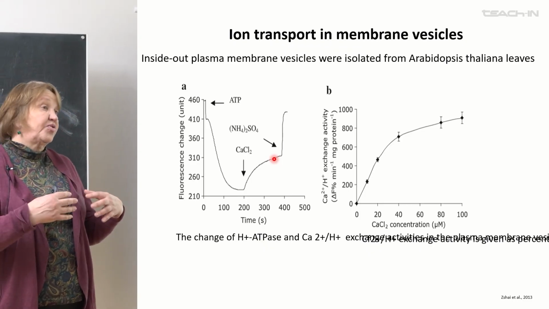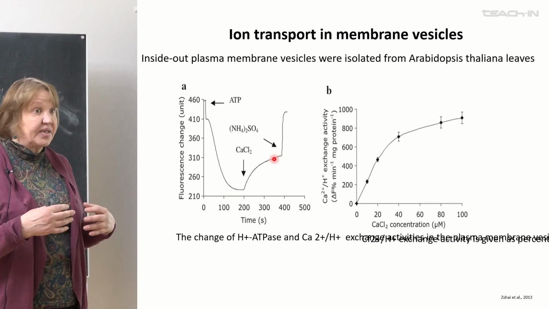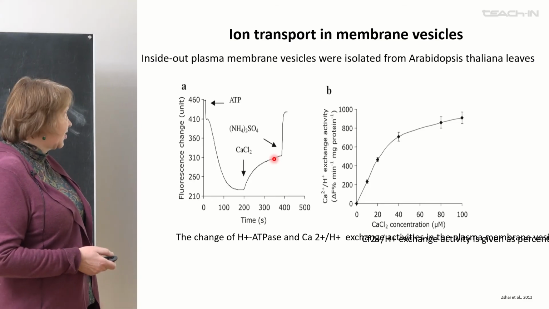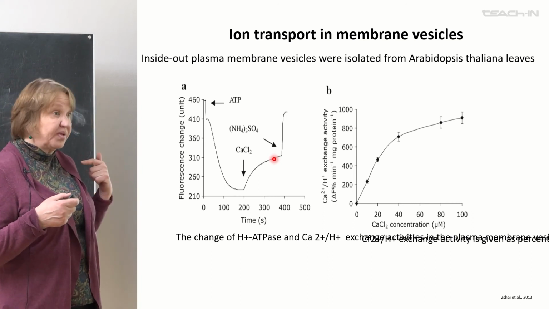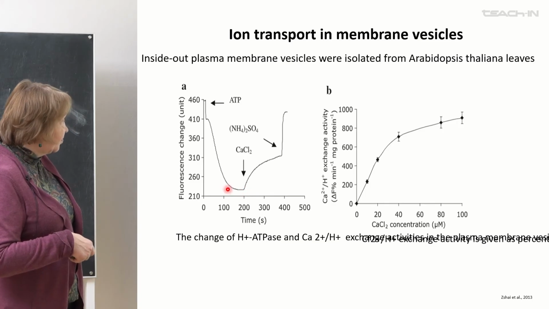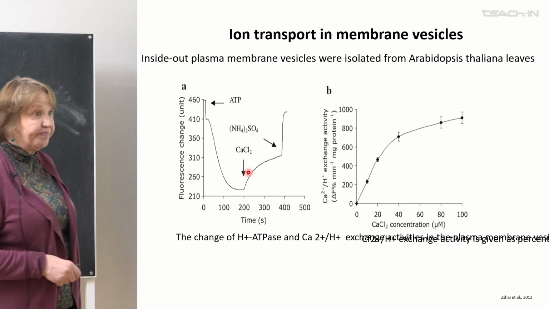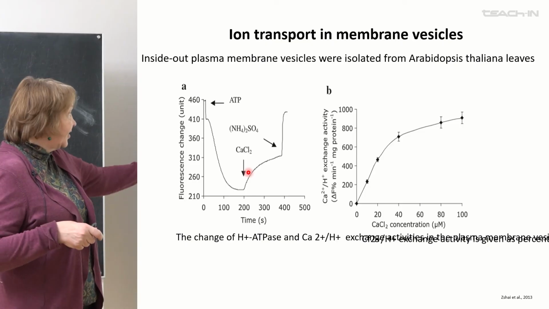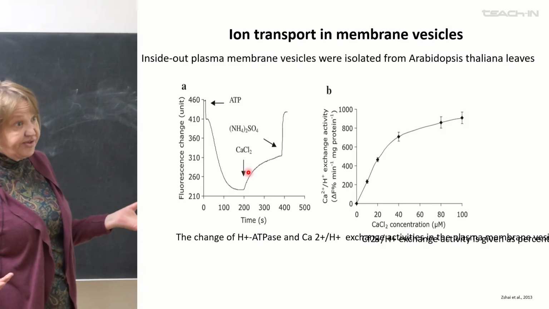Because you remember, for proton, there is a serious concentration and electrical driving force inside, because the proton ATPase is always working, and calcium proton exchange is using this energy to pump calcium out of the cell. So it is possible that here calcium proton exchange activates and pumps the calcium inside the vesicle, and that inhibits acidification inside the vesicle, which is outside the cell, right?